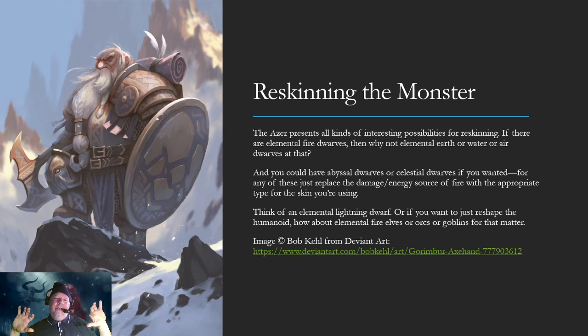So these guys present all kinds of interesting possibilities for reskinning. Again, going back to the different lore from the different editions. For example, if we ask ourselves if there are elemental fire dwarves, then why not elemental earth dwarves, or elemental water dwarves, or elemental air dwarves for that?